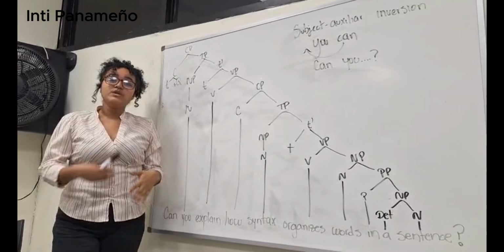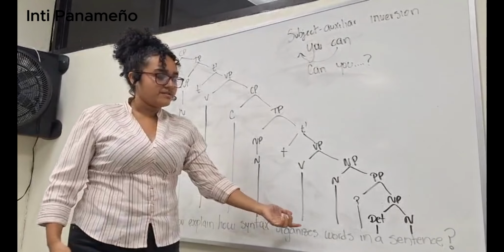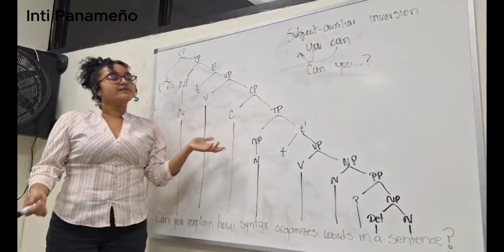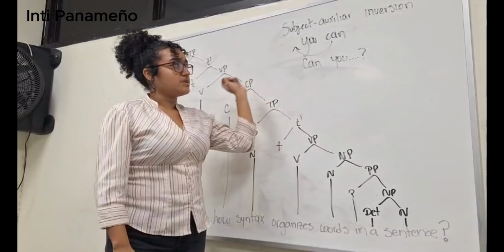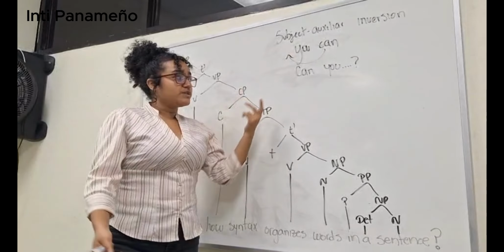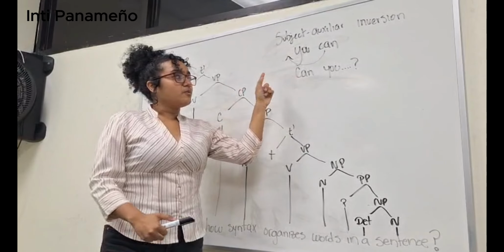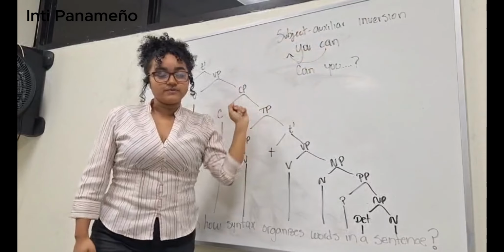So continue with another question we have. Can you explain how syntax organizes words in a sentence? But first, you have to know that in an affirmative sentence, you say, you can. But in a question, we say, can you? And we call this a subject auxiliary inversion.